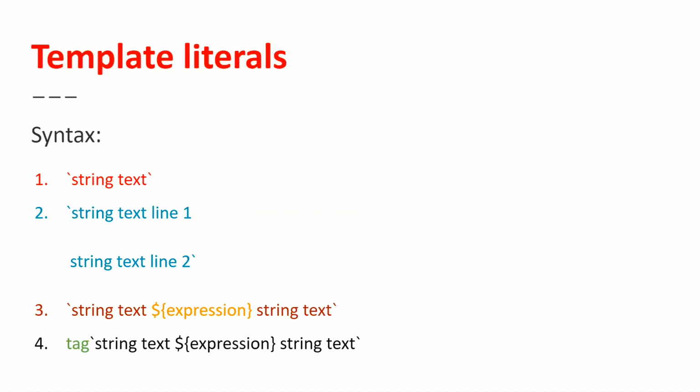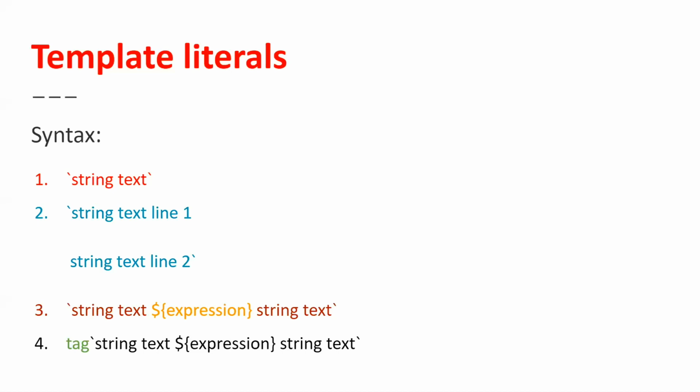So here are the 4 different types of syntax we will use in template literals. What are those? First is inside backticks. Generally for strings we use single quotes or double quotes, but for template literals we use backticks. In the first example you can see we are just passing our string inside backticks for a single line.